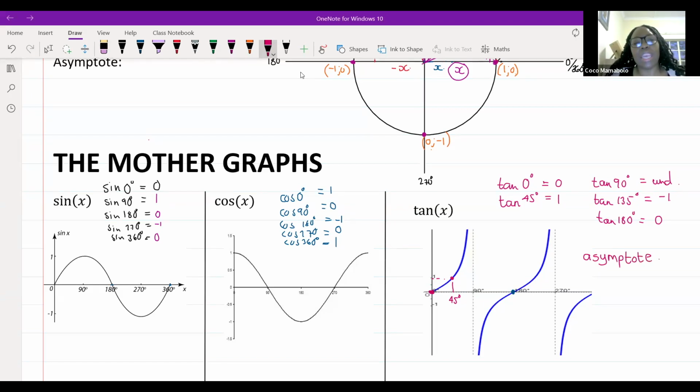Now, remember where the asymptote actually comes from. Grade 10s, if I say to you that I've got 2 over x, what value can x not equal? What number is going to be problematic there?